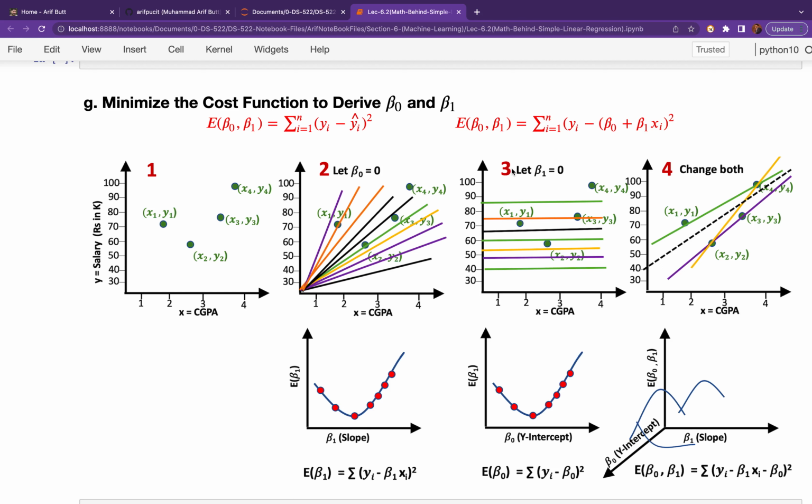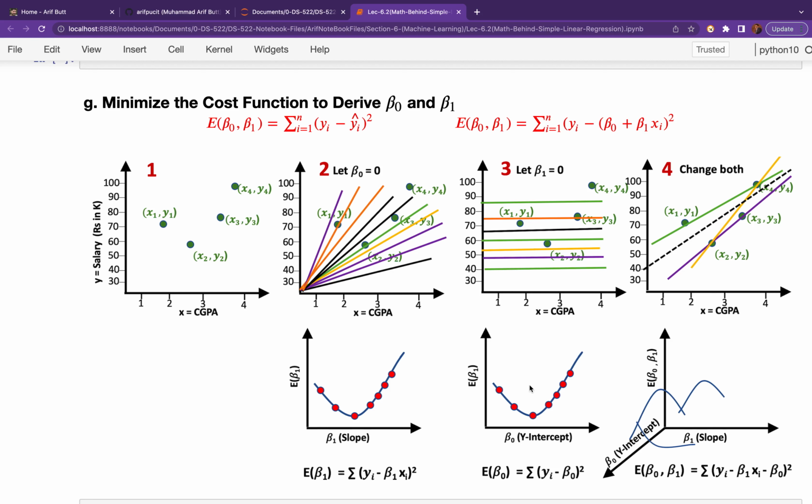Similarly, over here in graph 3, we have kept the slope as 0 and have changed the y-intercept. So these are some of the resulting lines having 0 slope and a different y-intercept.